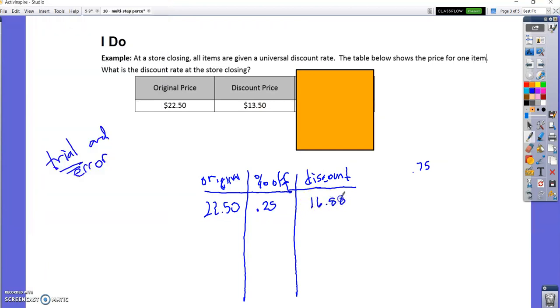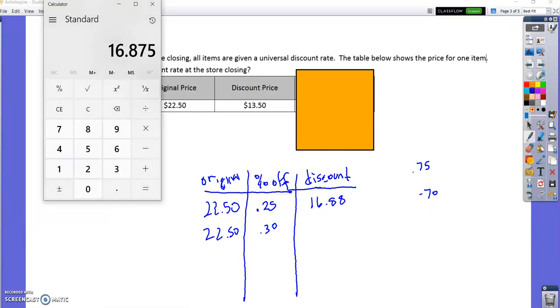It's not. So that's not it. So I'll try another one. I didn't get down far enough, so I need to save more. So maybe it's 30%. I'm just going to try it again. If I save 30% off, that means I pay 70. And let's try that.